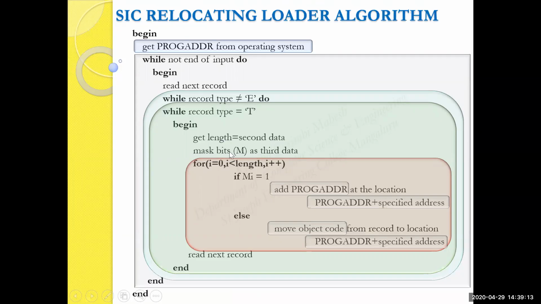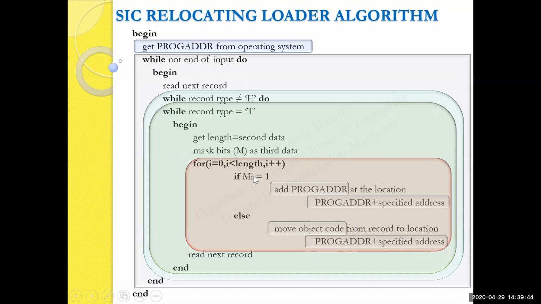Now, for each bit in the bit mask, if the bit is set to 0, for example, for the first instruction, then the object code would be moved from the record to the location program address plus specified address without any modification. We directly move the object code. But the location is whatever address is specified in the text record plus the program address, because this is the actual load address from where the program will be loaded.